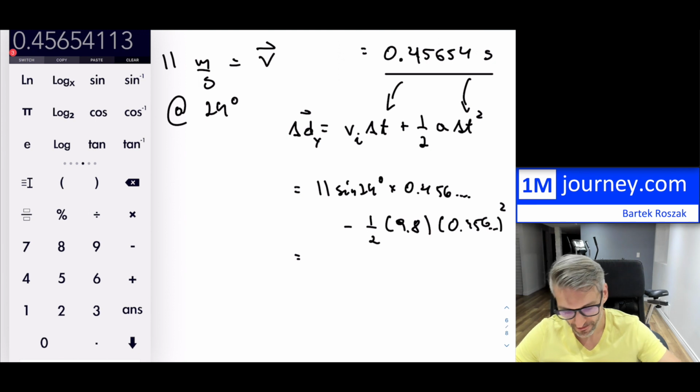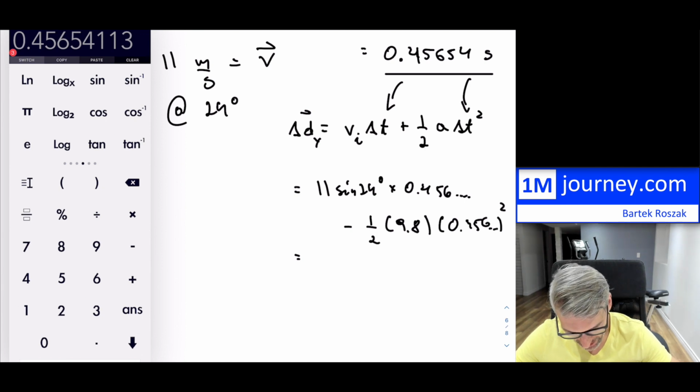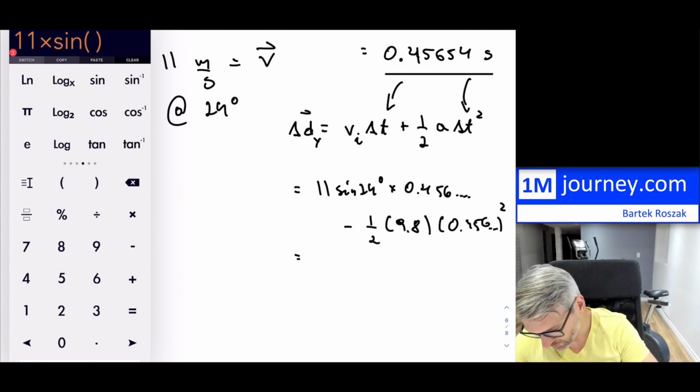So we can now substitute all of this in and find out what that answer would be. Okay, so let's do that. So we have, approximately, give or take, 11 times sine of 24.